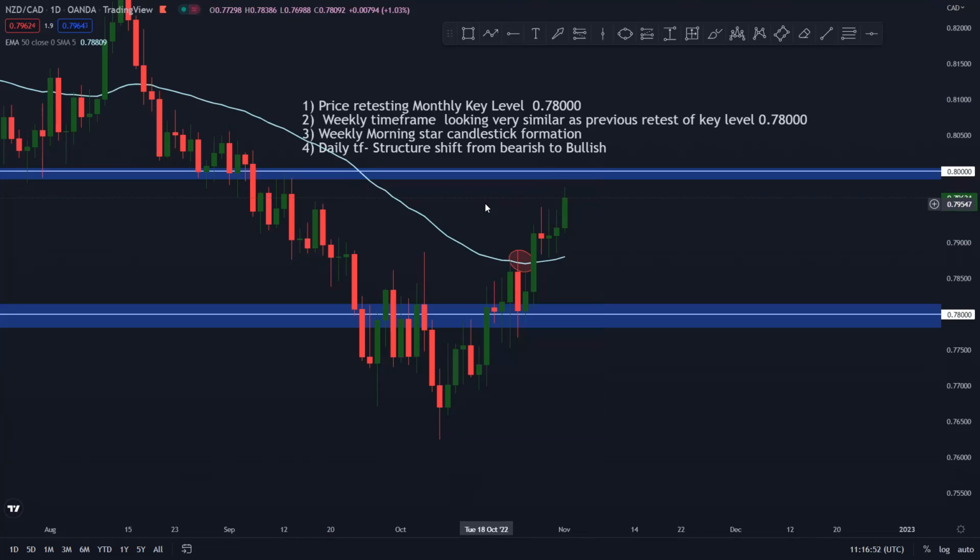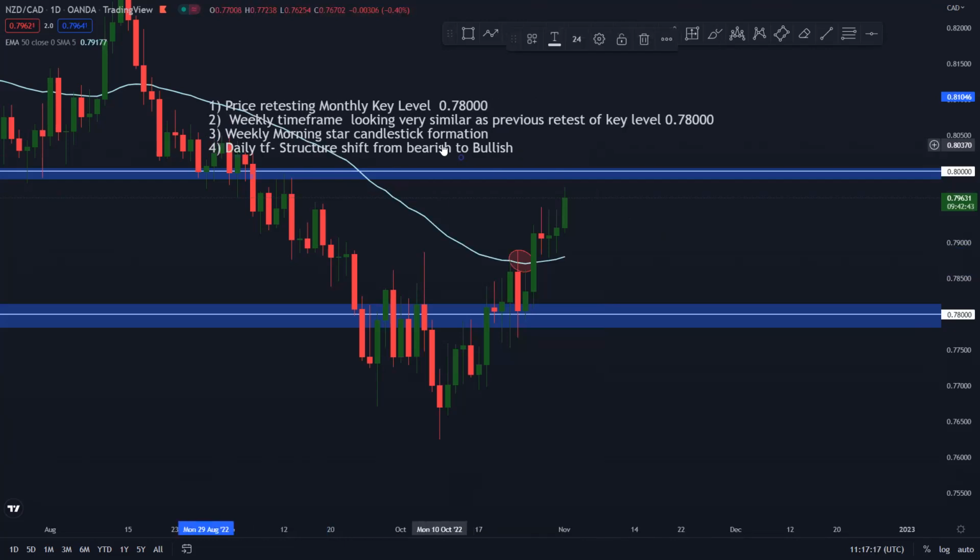I get to write down the confluences I get to see on the charts. And then this, at the end of the day, will influence my taking a trade at any given point in time. So the daily time frame structure shifts from bearish to bullish.